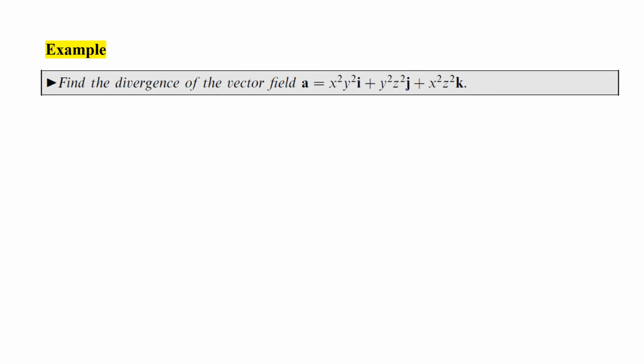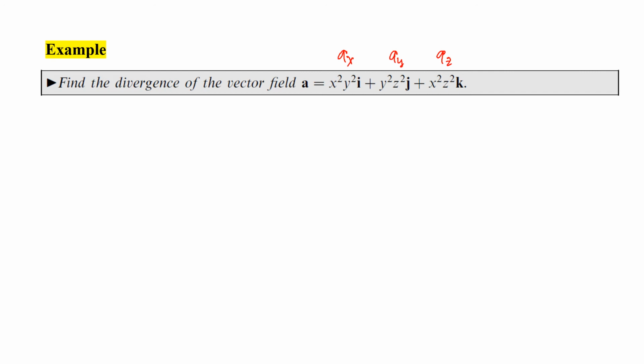Let's have an example. Find the divergence of the vector field A given by x squared y squared i plus y squared z squared j plus x squared z squared k. So we're asked for the divergence of this vector field. Let's label these components: this is your Ax, this is your Ay, and this is your Az.